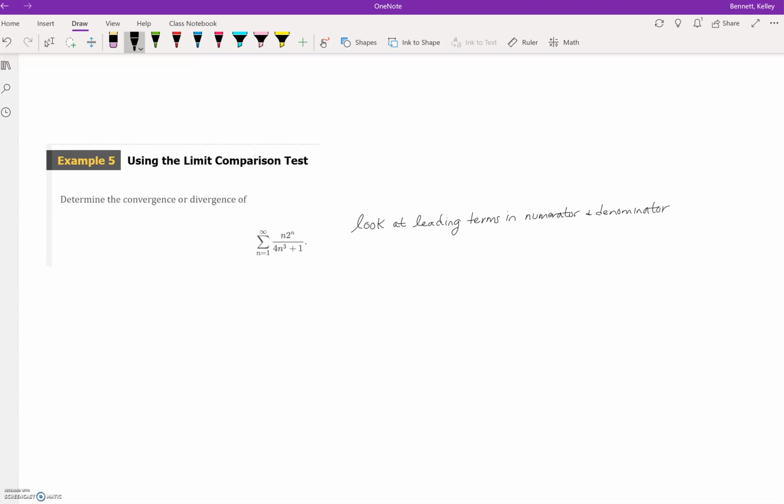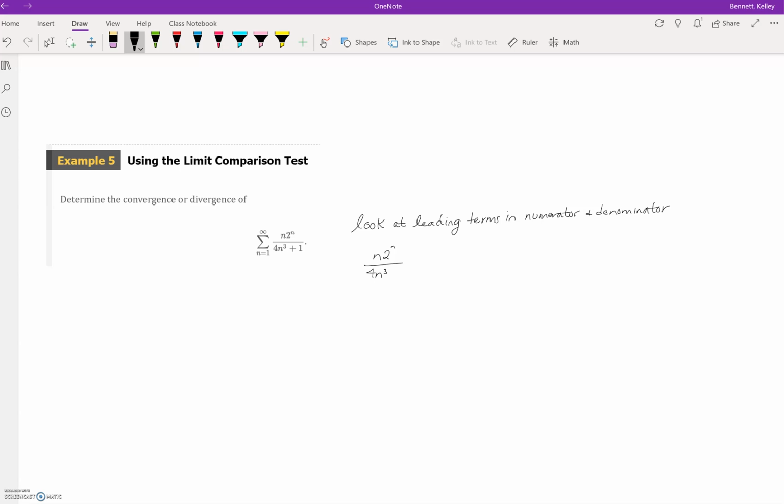So what we would get is kind of like a general or watered down look. So we would consider, say, n times 2 to the n over 4n cubed. And the reason we're doing that is because when we're taking limits, adding a constant, especially as n's going to infinity, doesn't play into the convergence or the divergence of a series or a sequence.